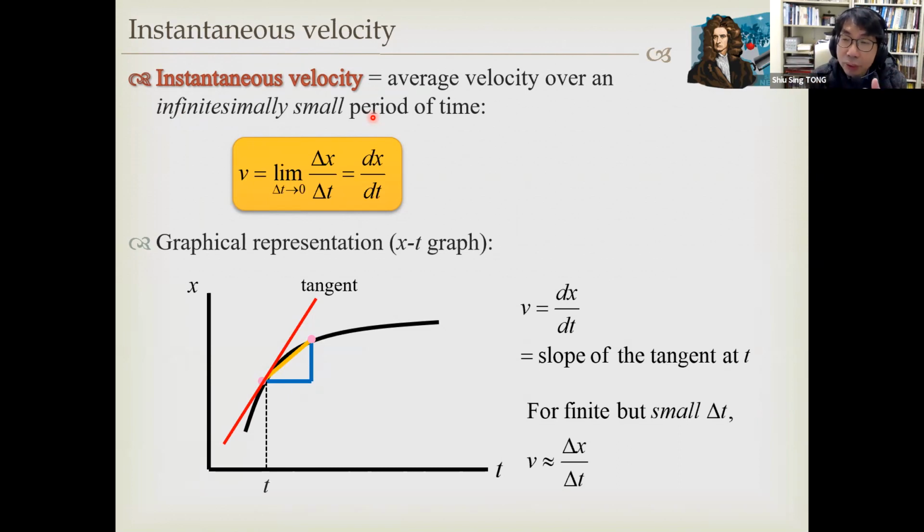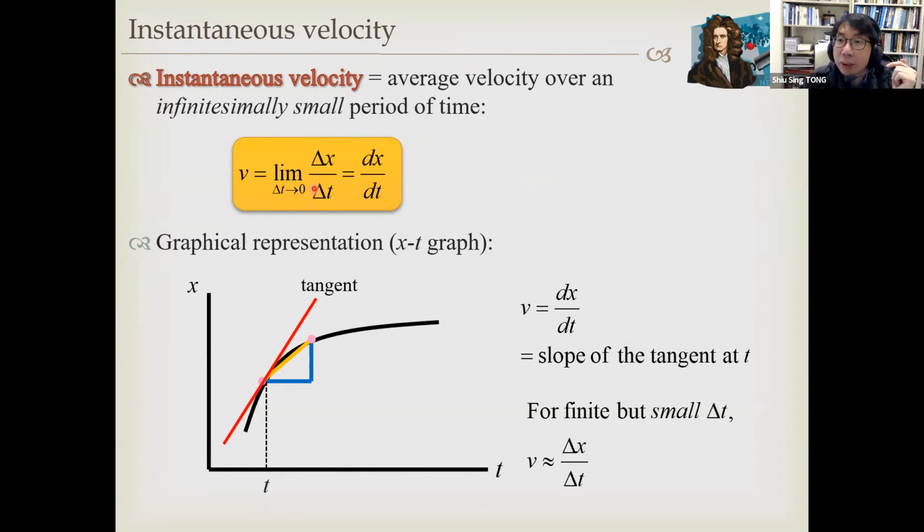And technically, if you go to the mathematics department, they will tell you that this is an infinitesimally small period of time, that tends to zero. And if that is the case, then my ratio of delta x over delta t, in the limit where delta t tends to zero, will become the instantaneous velocity v.